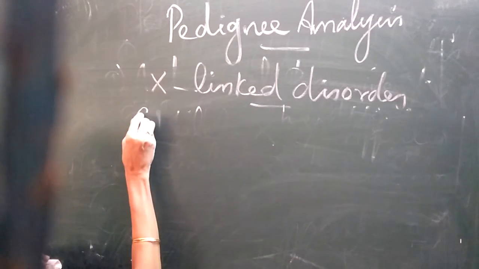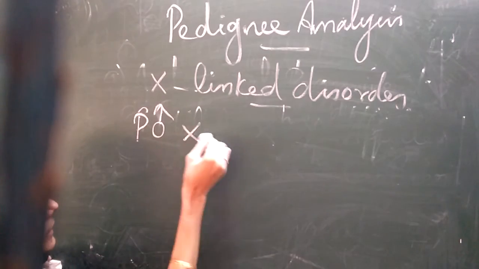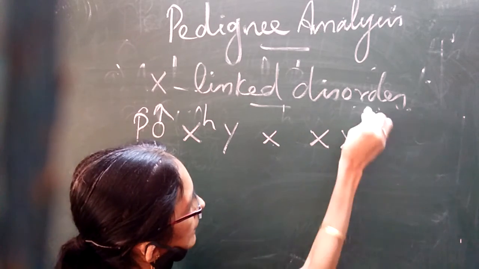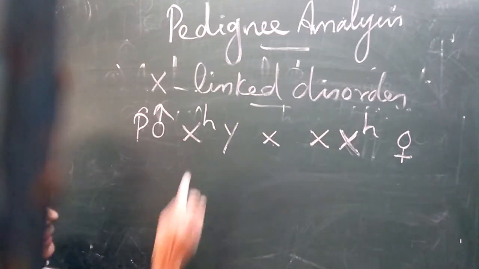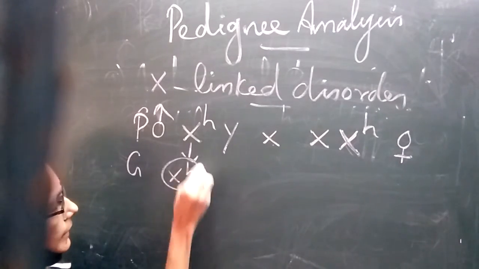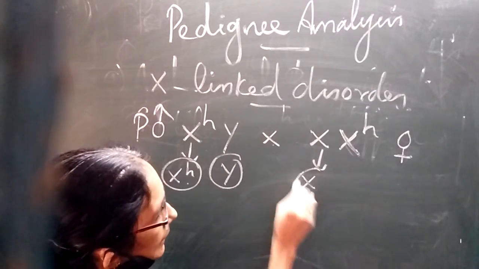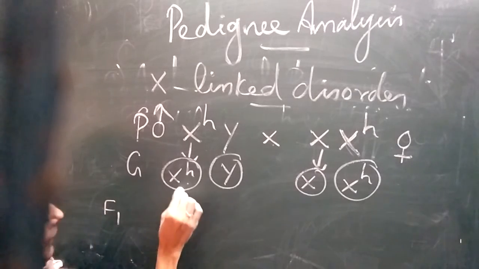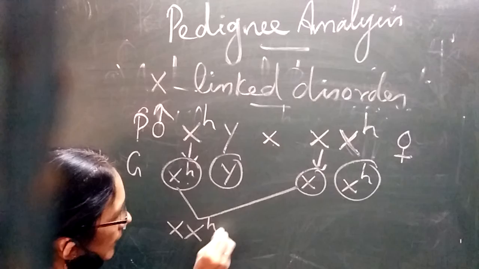So let us take, in the parental generation, father is having hemophilia and mother is a carrier. During gamete formation, one gamete consists of X and the other is Y; from the mother, X and XH. After gametic fusion, when these two gametes fuse with each other, XXH.